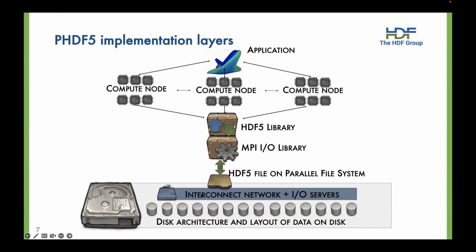And so you have to consider that you have the interconnect network between the MPIO driver and the IO servers themselves. So the file is usually laid out on a parallel file system in a striped kind of manner. So there's really three layers you have to consider tuning. You have the HDF5 library itself, the MPI library if you want to tune that, and then you also have the parallel file system if you want to tune that.